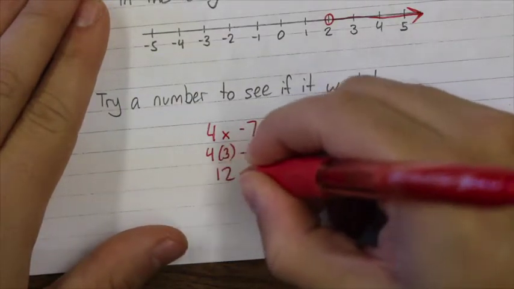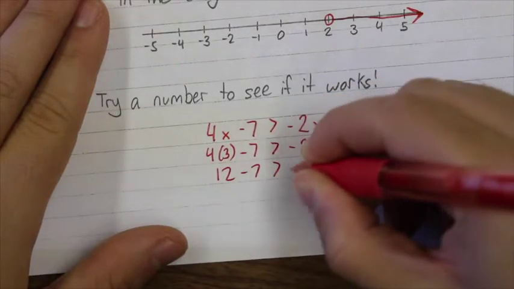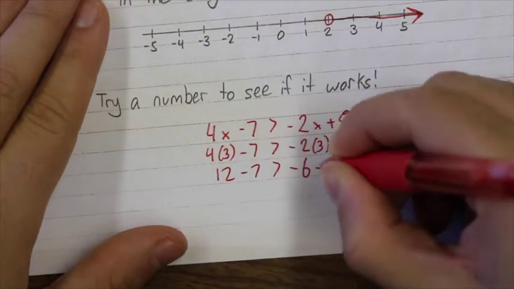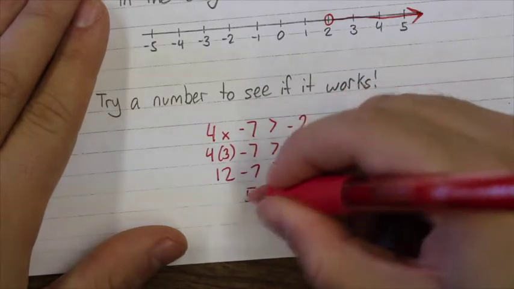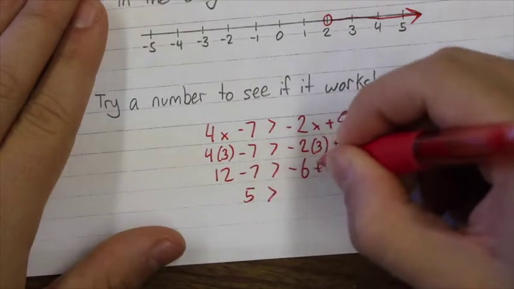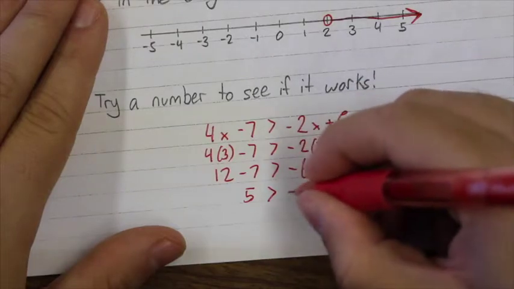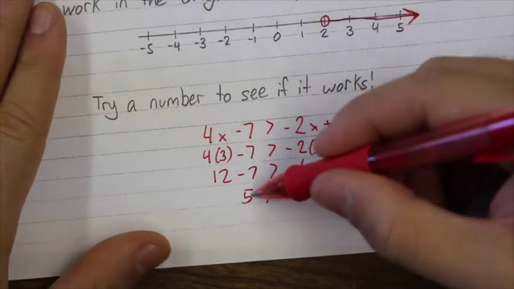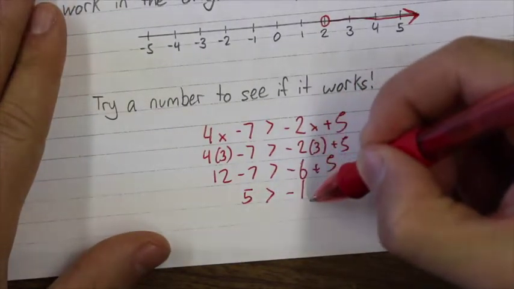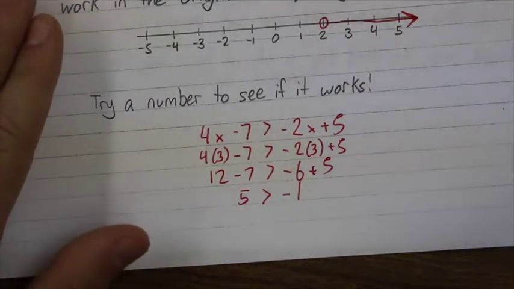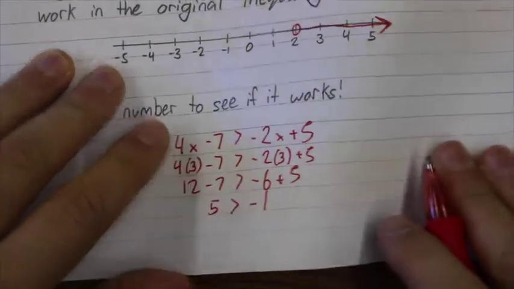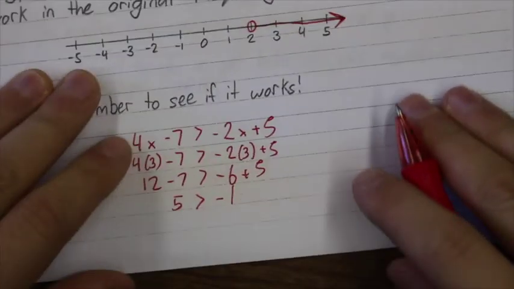Let's see what we get. 12 minus 7 is 5. And negative 6 plus 5 is negative 1. And in this case, 5 is indeed greater than negative 1. If you try out 2 for this inequality, you'll find that it does not work.